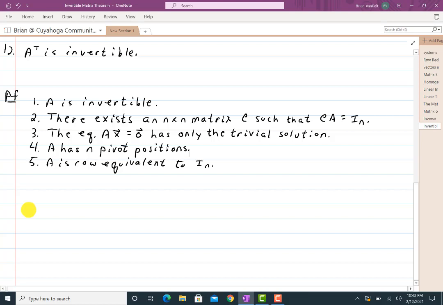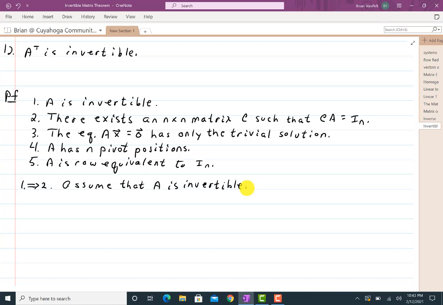So what we're going to do first is I'm going to prove that 1 implies 2. So we're going to assume that A is invertible. From that, I would like to prove that we can find a matrix C such that CA equals In.